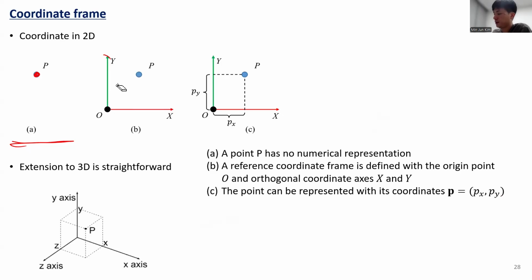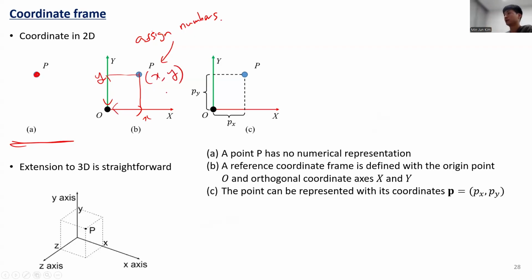Then we can assign numbers to point P. This is the X coordinate and this is the Y coordinate. Actually, it's Px and Py here. You can assign numbers.